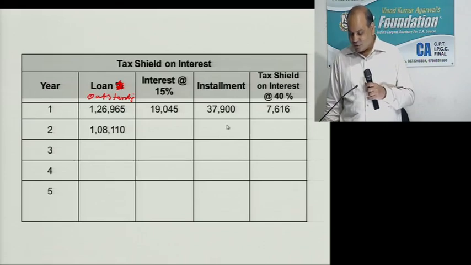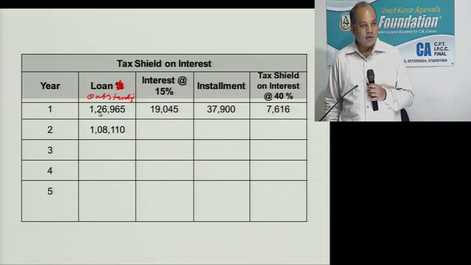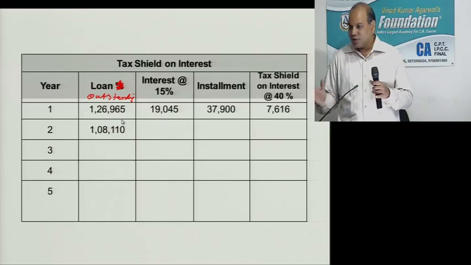Now see, this is installment. It includes interest. I need to reduce only the principal portion from the principal portion. Apple should be reduced from apple. School level mathematics. If you reduce 37,900 from this number, you are not matching apple with apple.